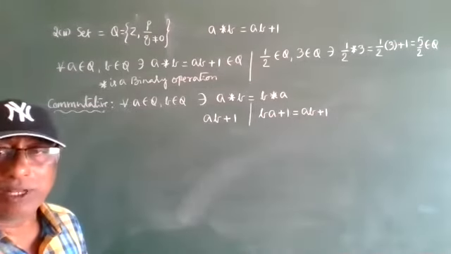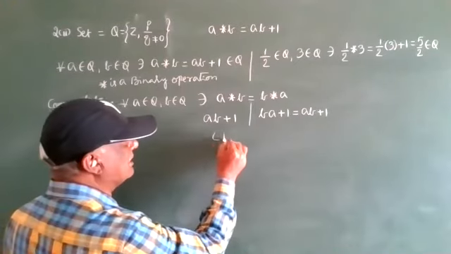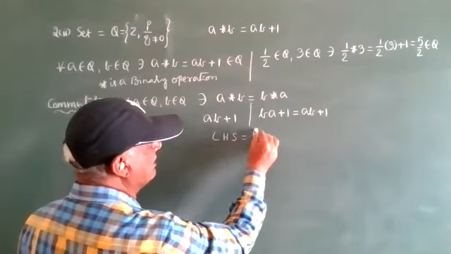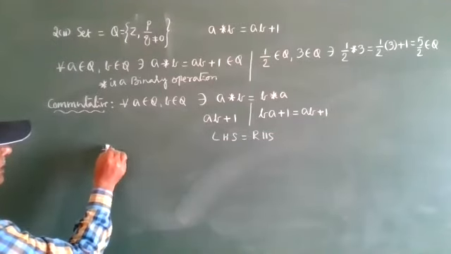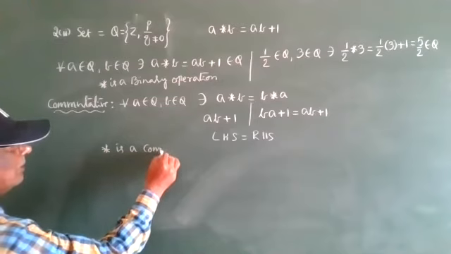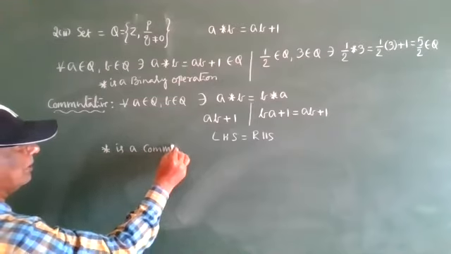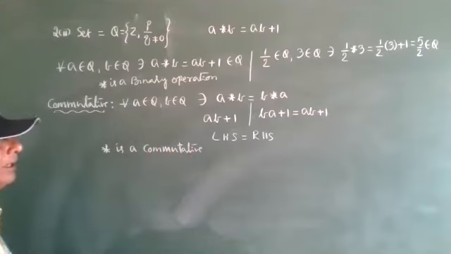Therefore LHS is equal to RHS. So star is commutative. Okay?